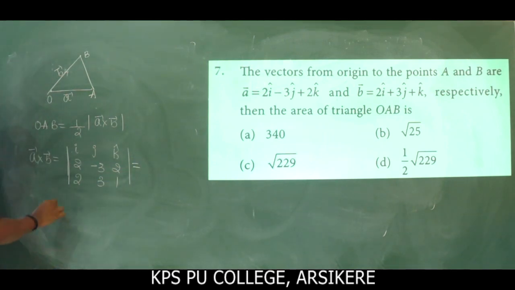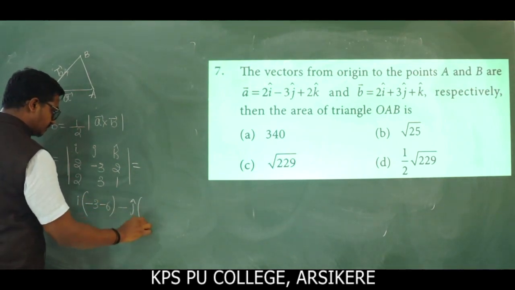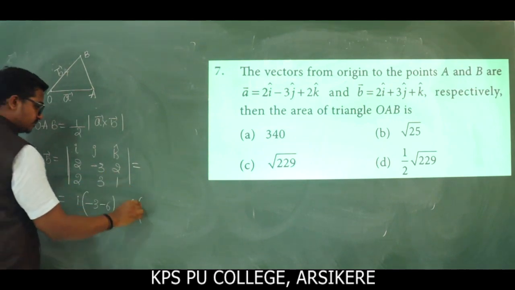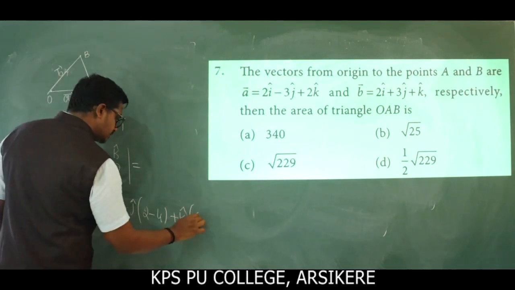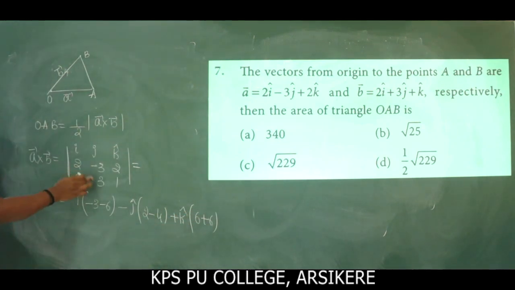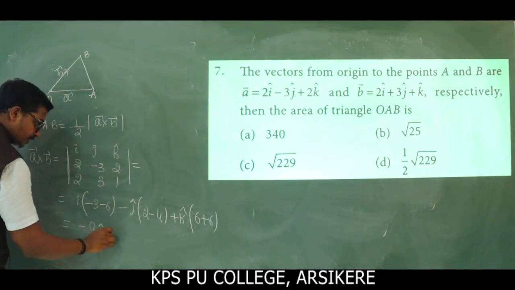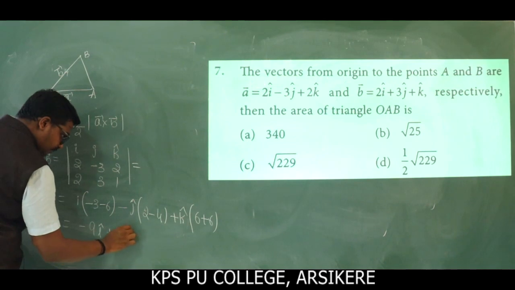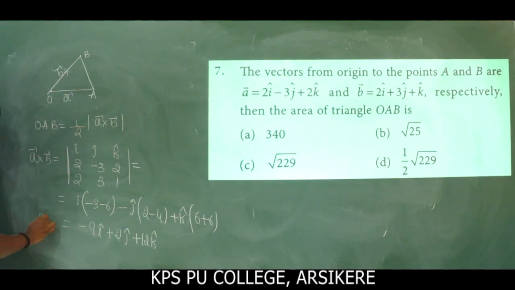Expand the terms here: i times (minus 3 minus 6), minus j times (2 minus 4), plus k times (6 plus 6). 2 times 3 is 6, with a minus sign; 2 into minus 3 becomes again minus 6, minus into minus becomes plus. We are left with minus 9 i cap plus 2 j cap plus 12 k cap. This is A cross B.